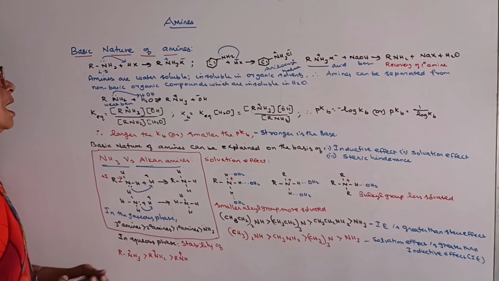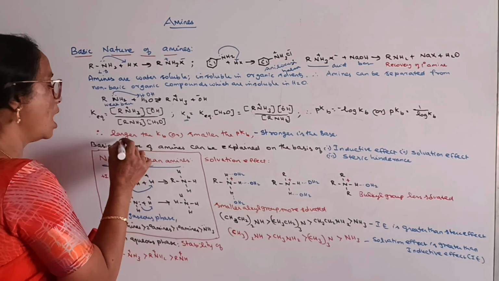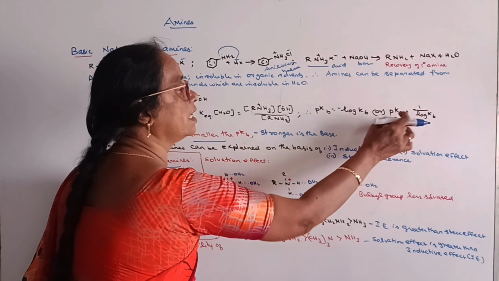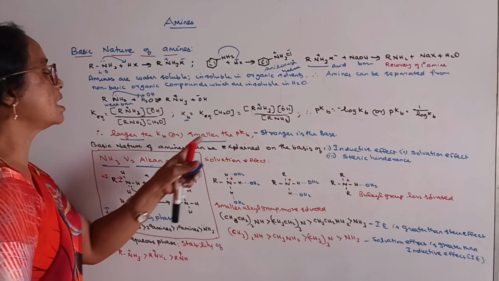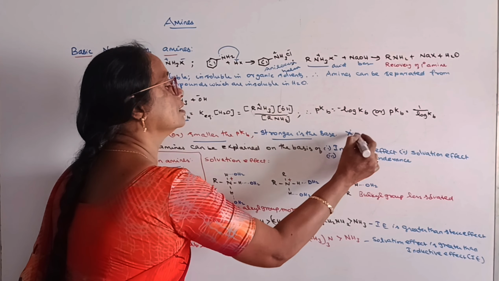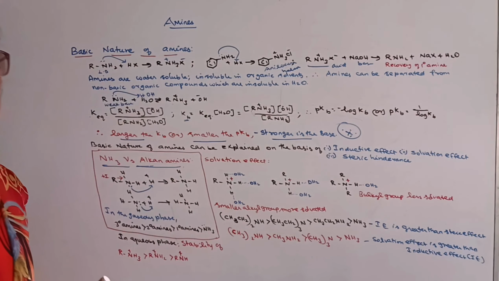So we can say, larger the Kb or smaller the pKb, because both of them are inversely related. If Kb is larger, the pKb will be smaller, and hence the base is said to be stronger. This is the most important point.